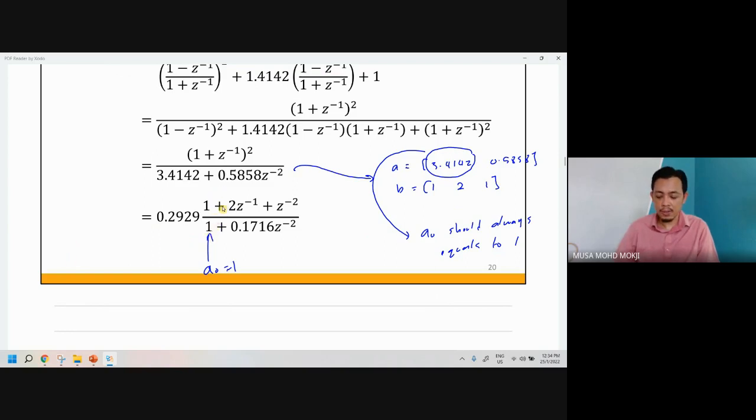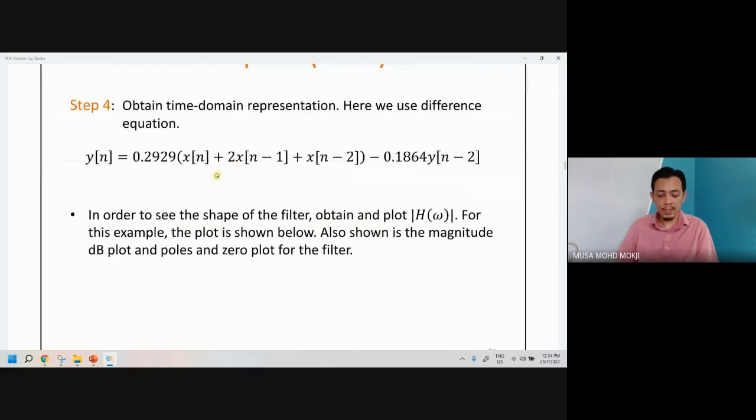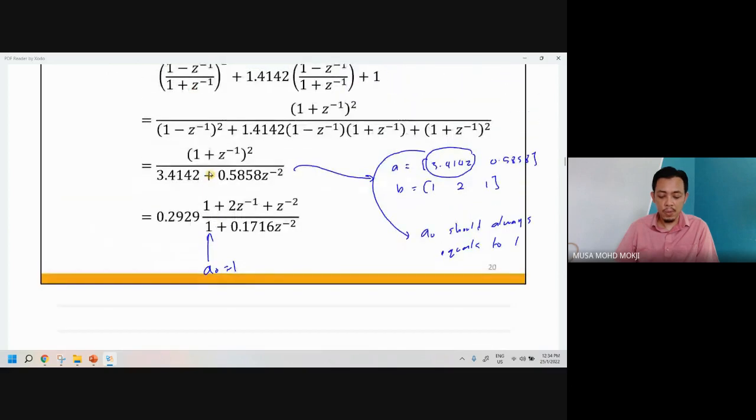If you convert that into a difference equation, you will get something like this. This is y[n], and now the multiplier of y[n] is 1. So this is actually 1 multiplied by y[n], which is A0. That's why it is important to make sure that A0 equals 1.